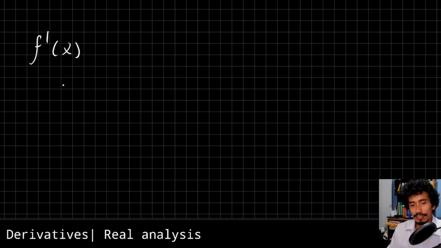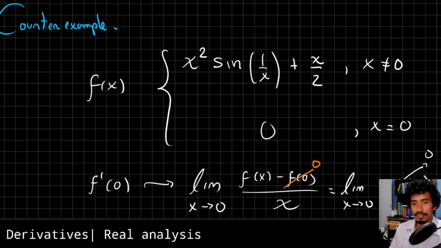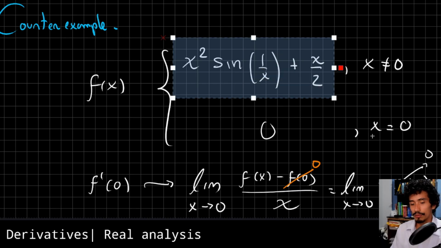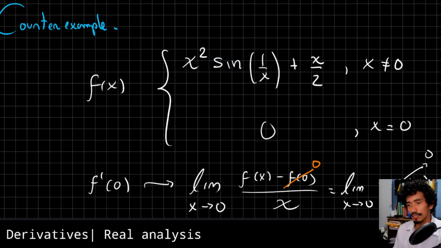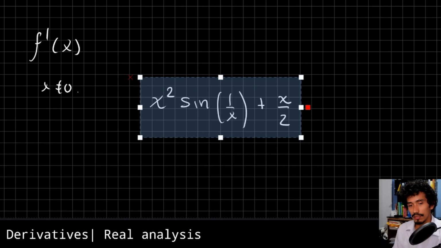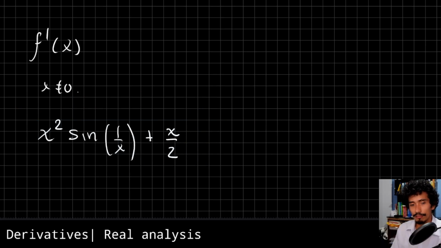Because what's the derivative whenever x is different from 0? We use the usual rule. So let's copy the function here, and we start deriving.